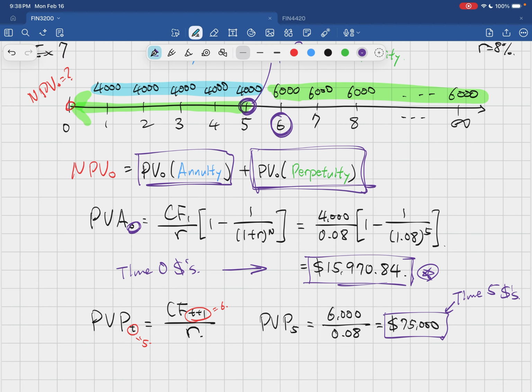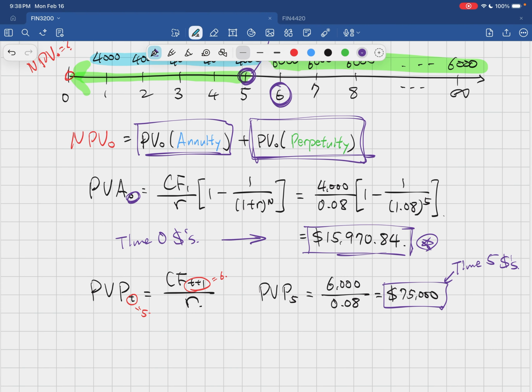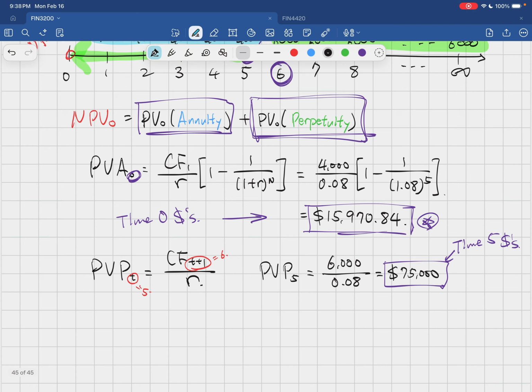We want the value as of year 0, so we have to take a second step. We'll use the PV formula, which is future value divided by 1 plus R to the nth power. We're going to use the PVP at year 5 as the future value. So PV at time 0 is this PVP5 divided by 1 plus R to the nth power, where n is 5.